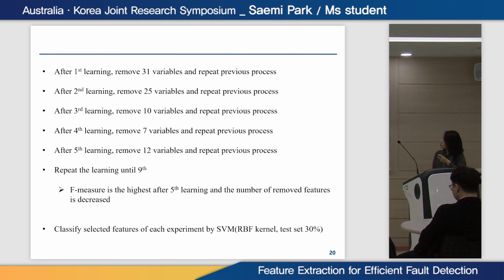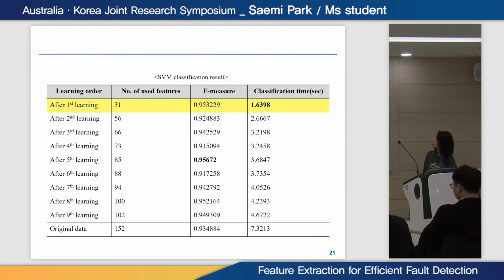I repeated this same process until the 9th run. But the F measure was highest after the 5th run, and the number of removed features decreased after the 5th run. So I classified the selected features of each experiment by SVM. You can see the result after each run.